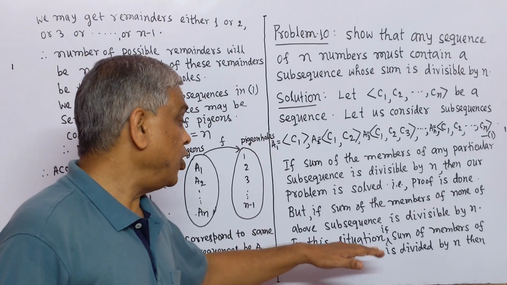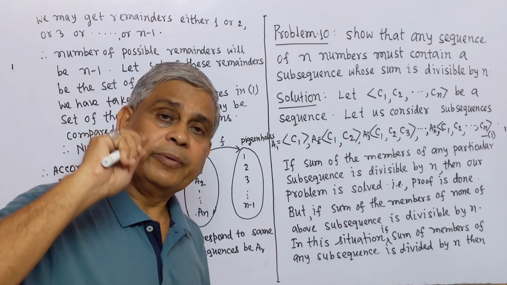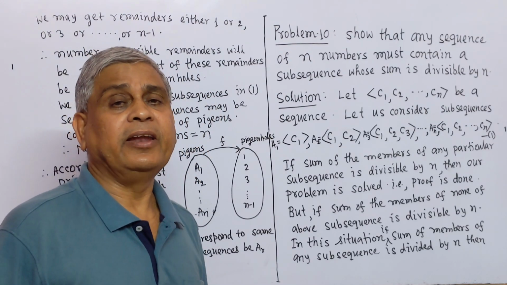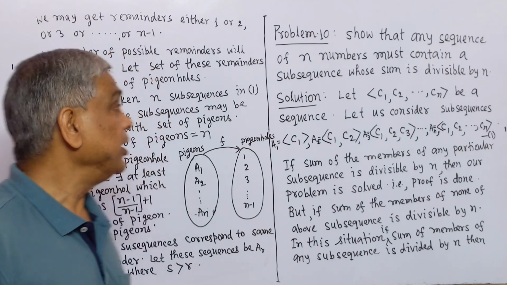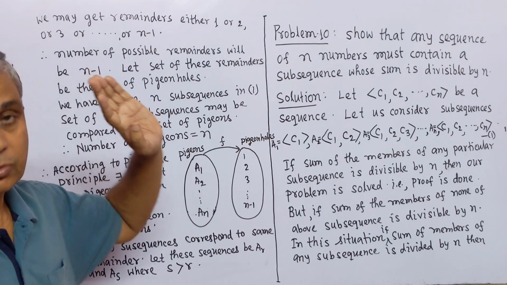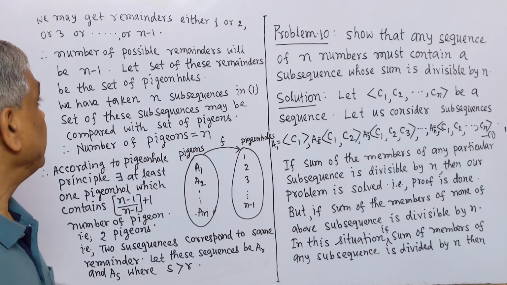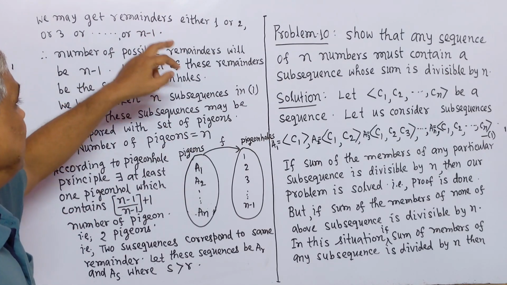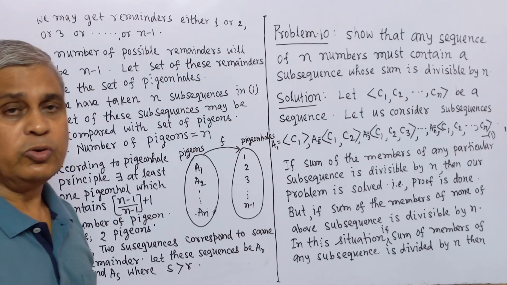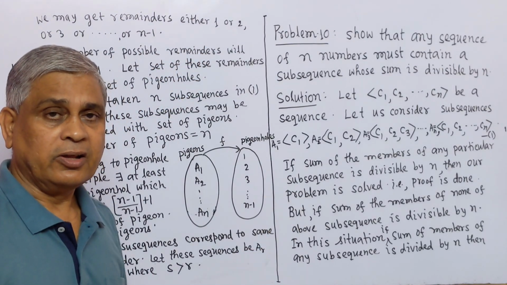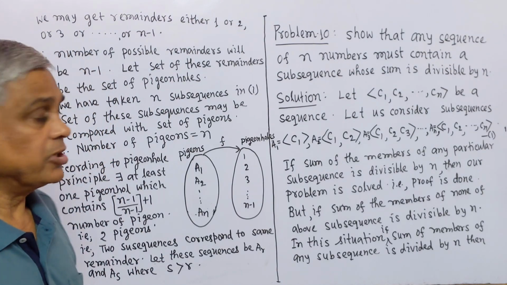Here the sums are not divisible by n, so the remainders will be 1, 2, 3, ..., n minus 1, not 0. So the number of possible remainders is n minus 1. Let the set of these remainders be the set of pigeonholes.